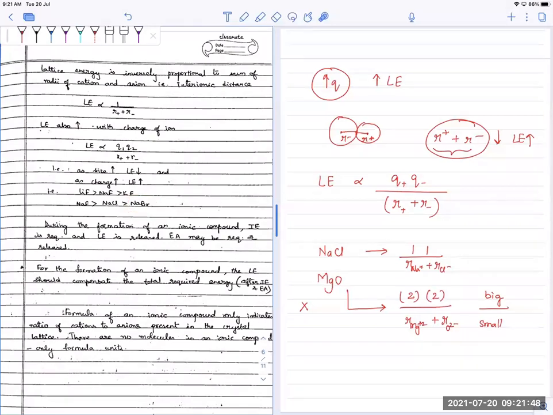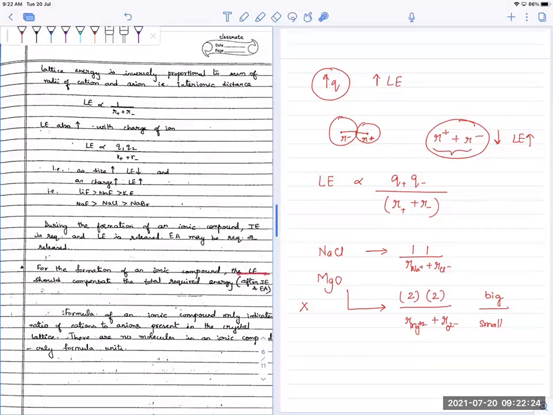In the formation of an ionic compound, ionization energy is required, lattice energy is released, and electron affinity may be required or released. So if you want the compound to form an ionic bond, the overall released energy should be able to compensate the overall required energy. Required energy is ionization energy and electron affinity. Electron affinity could be released or required, we don't know, but overall check the ionization energy and the electron affinity.